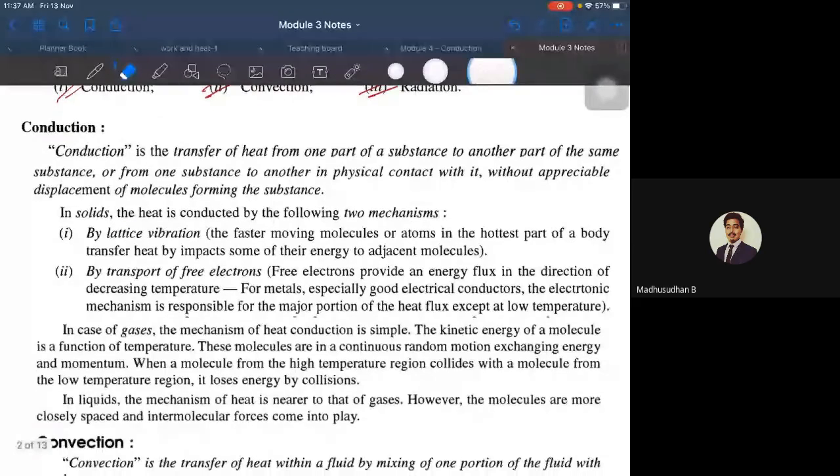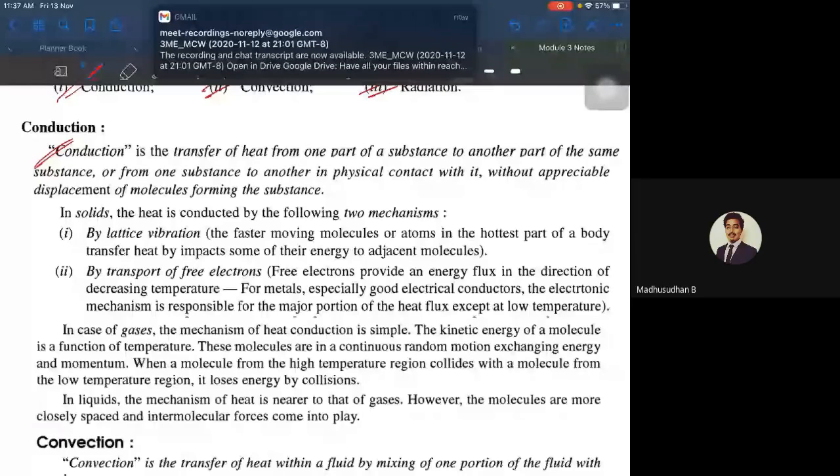You can just read the definition, Gaurav.